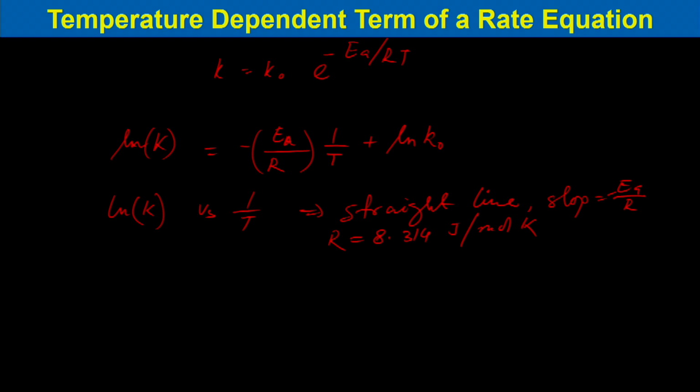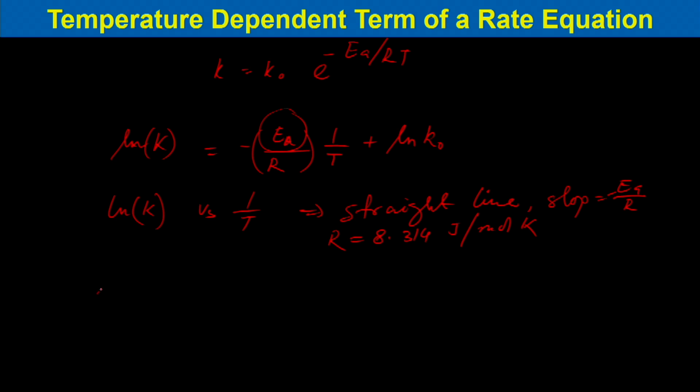So, the activation energy, that is Ea, can be calculated using the two values of rate constants, say at temperature T1 and at temperature T2.